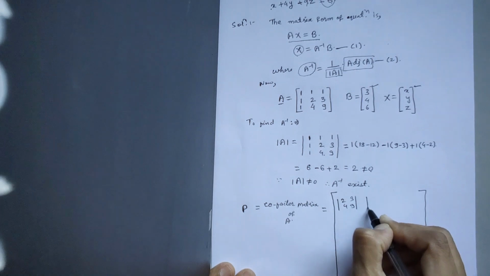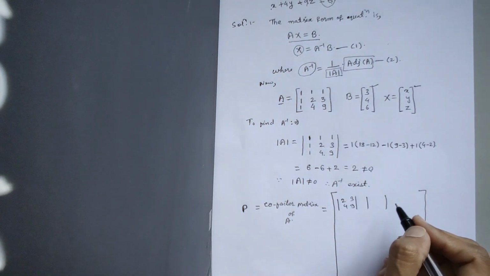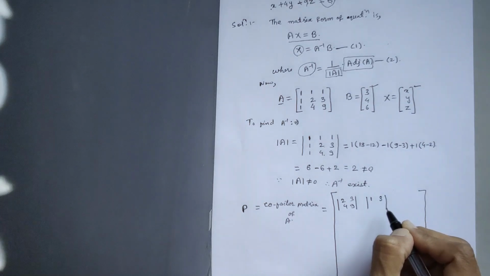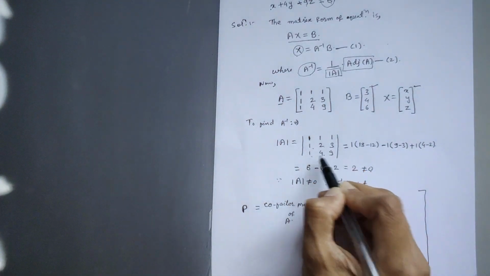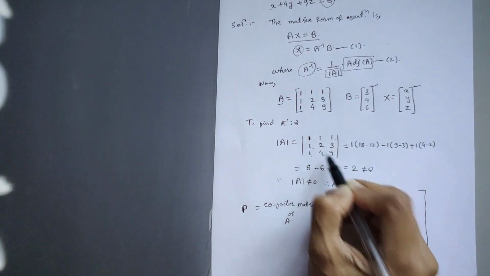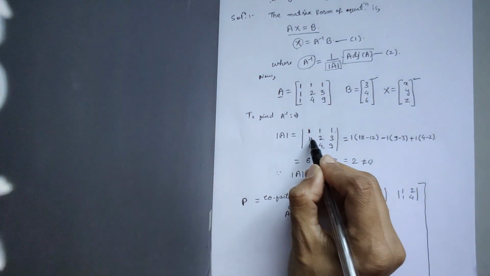Second, I'll get 1, 3, 1, 9. Eliminate this and this. Third, eliminate this and this. 1, 2, 1, 4. First row completed.